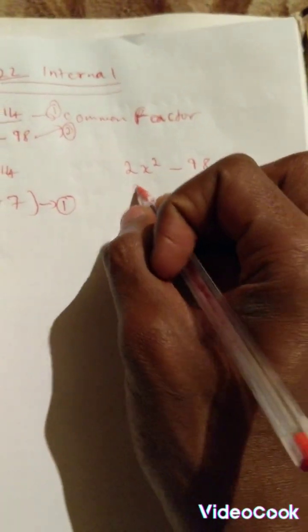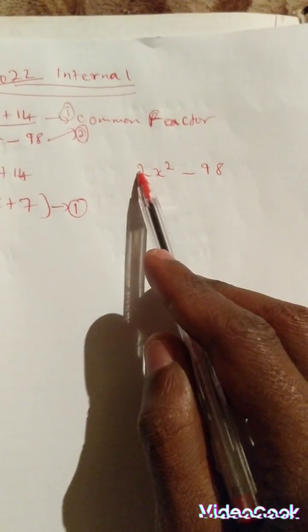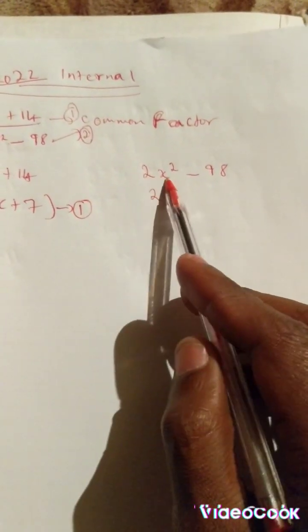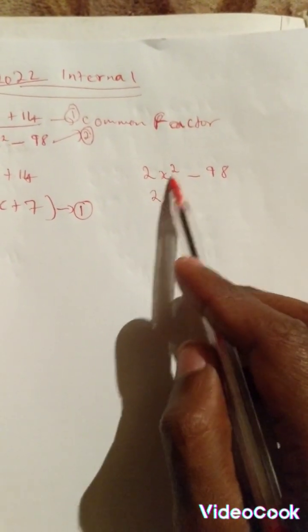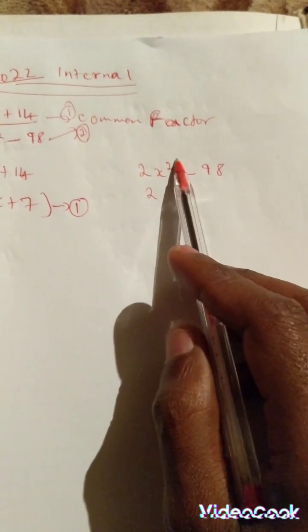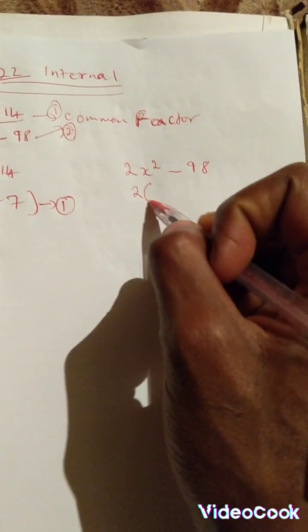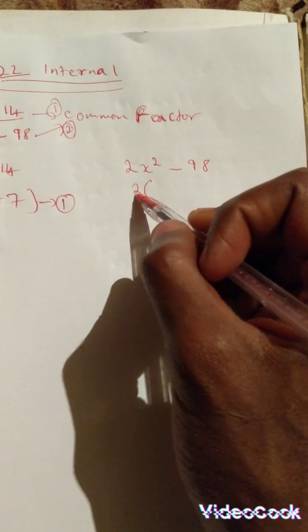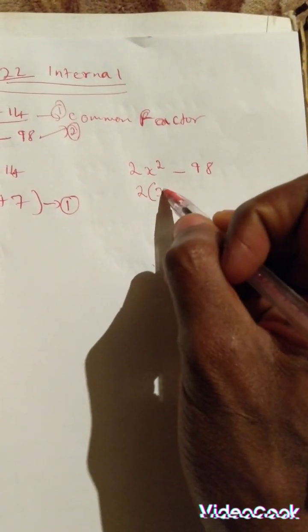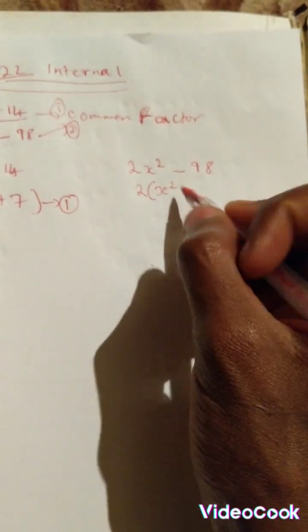What is common is 2. If 2 is common, you remove 2 here. What will remain here? X squared. So the 2 is what is common, then what will remain here is x squared.